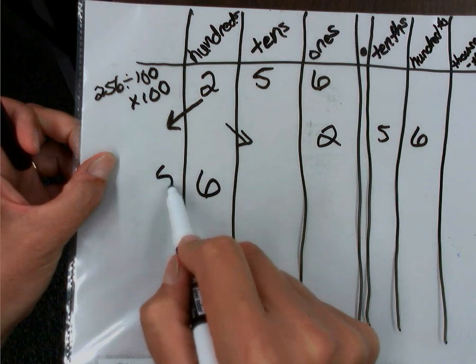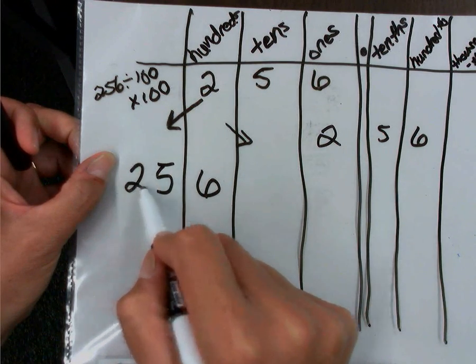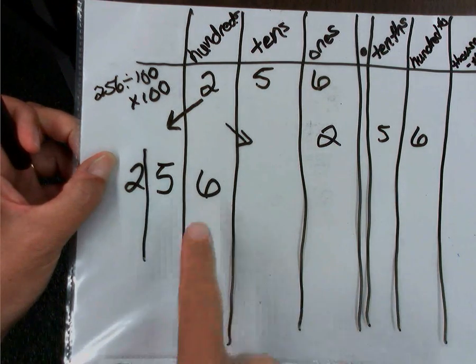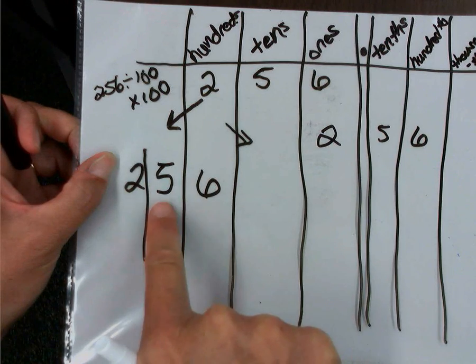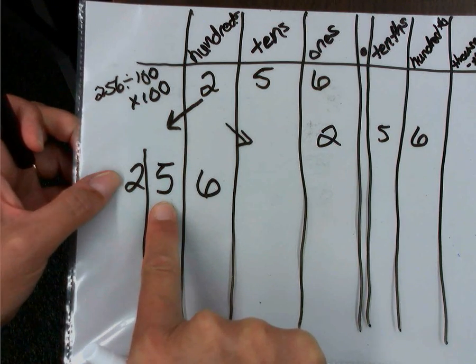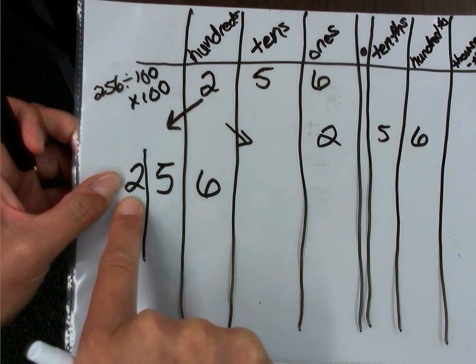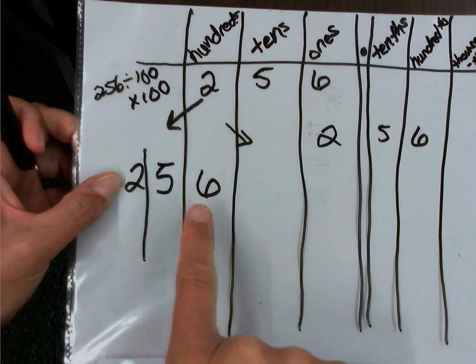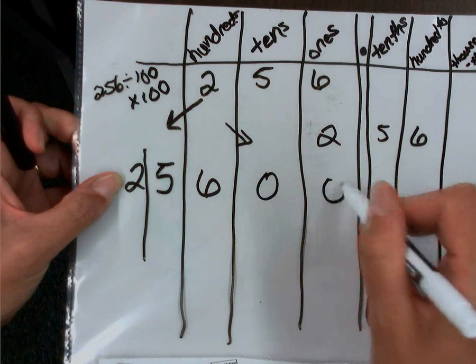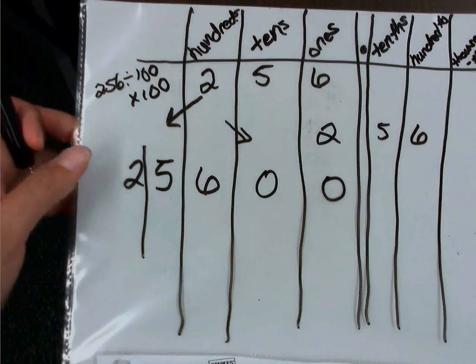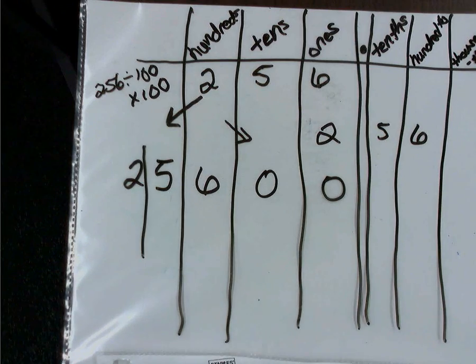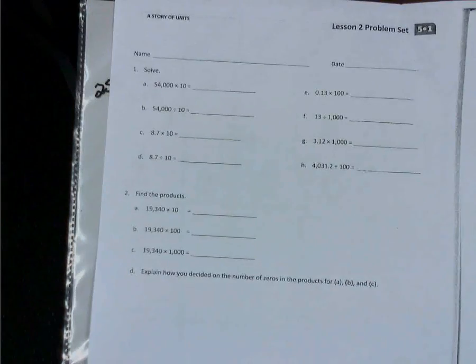And the numbers all travel together. So it's going to be 600s. The 5 will be in the thousands place, and the 2 will be in the 10,000s place. So it's going to be 25,600 as a result. Taking a look at what we have going for tonight's homework, like I noted, it's going to be these numbers.